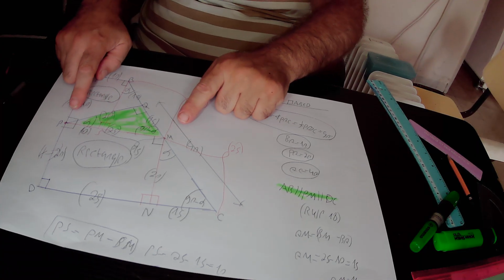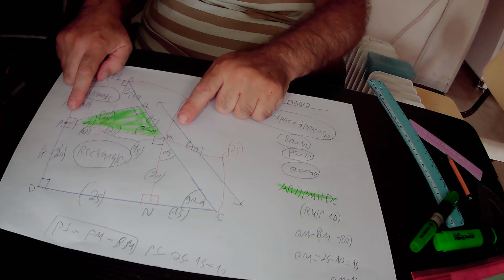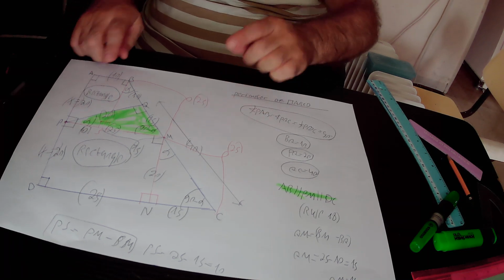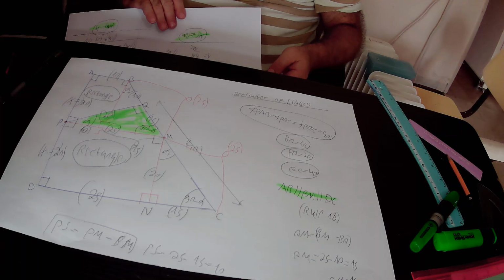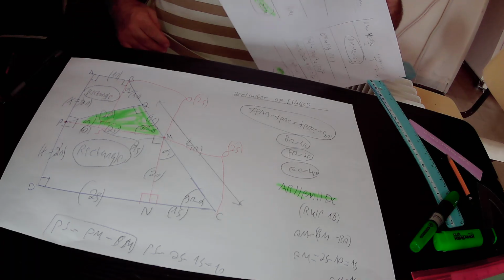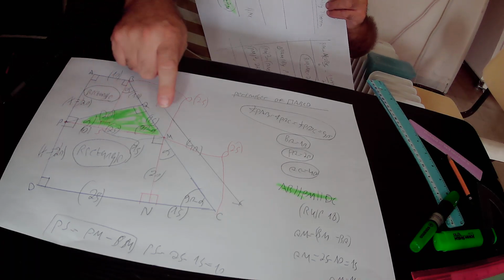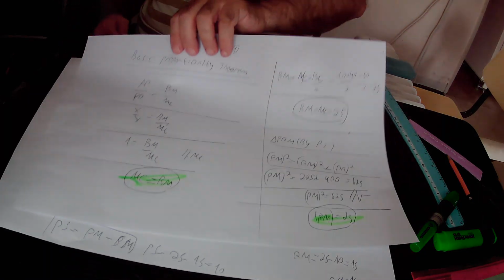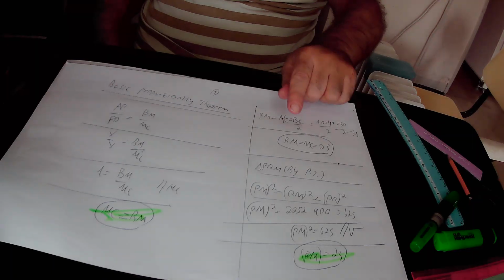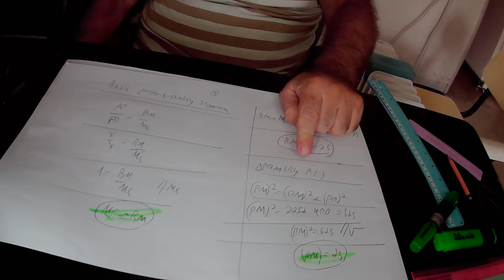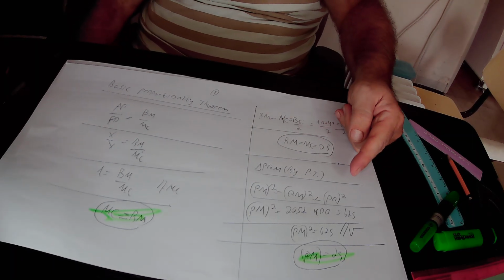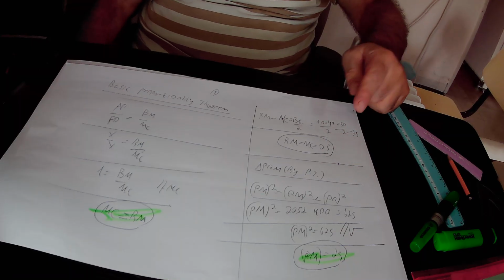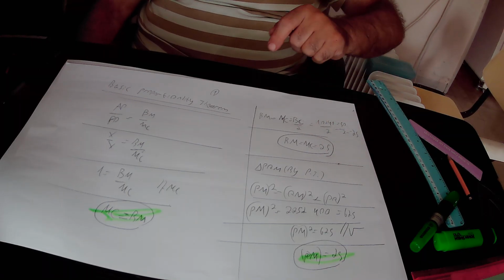According to the Pythagoras theorem, in a right triangle, the square of the hypotenuse equals the sum of the squares of the perpendicular sides. So in the right triangle PQM, PM squared equals QM squared plus PQ squared.